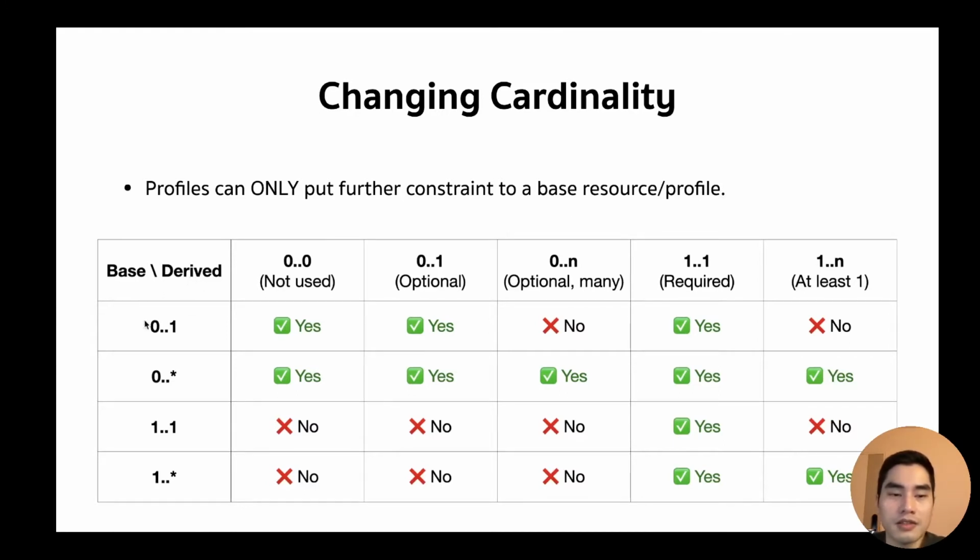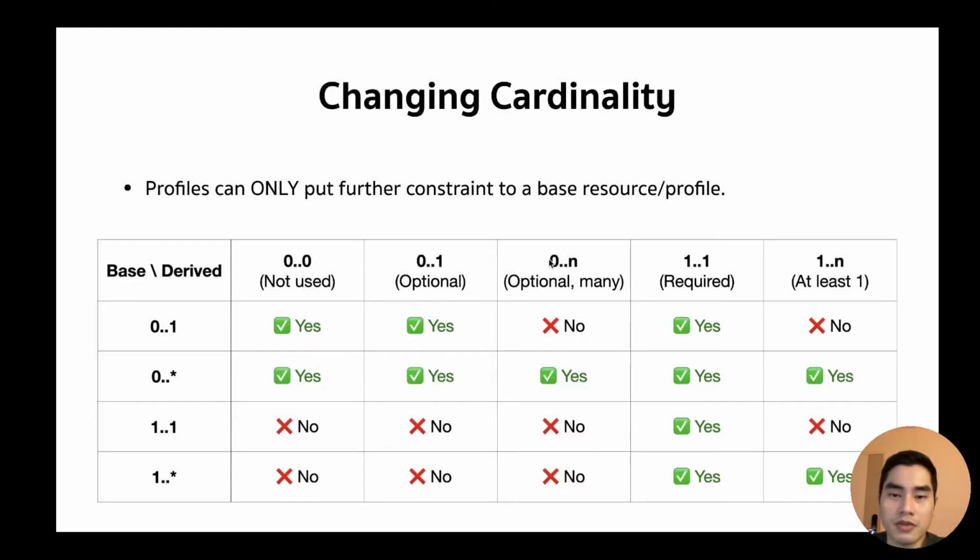So what do I mean? Here this row is the base and this column is the derived profile. If the base profile is 0..1, can you change it to 0..0? Yes, because you change it from 1 element to 0 elements, you cut it off. 0..1, yes, because it's the same.